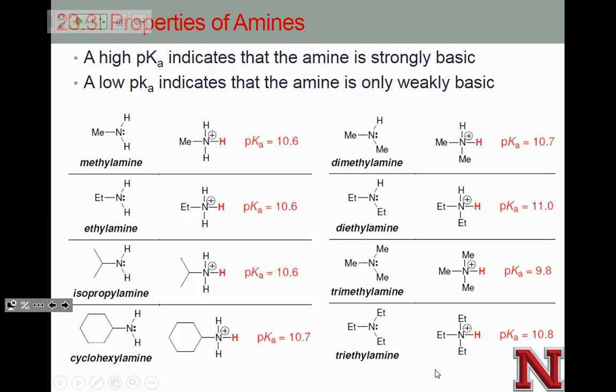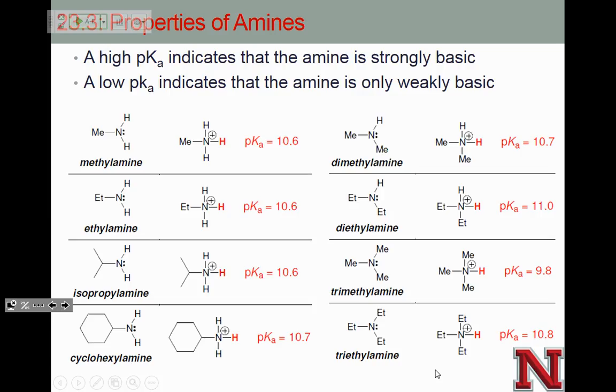So this is just some common amines and looking at their pKa's of the conjugate acids. And as you can see, they're all pretty high pKa's. The higher the pKa of the conjugate acid, the more basic these are. So most amines have a pKa of its conjugate acid around 10 to 11. So they're only weak bases.